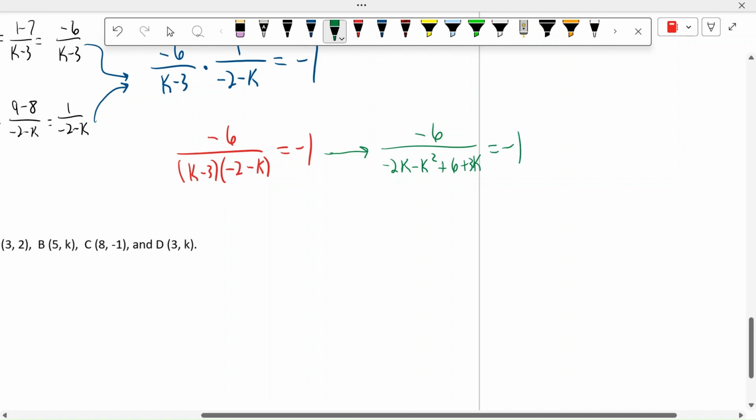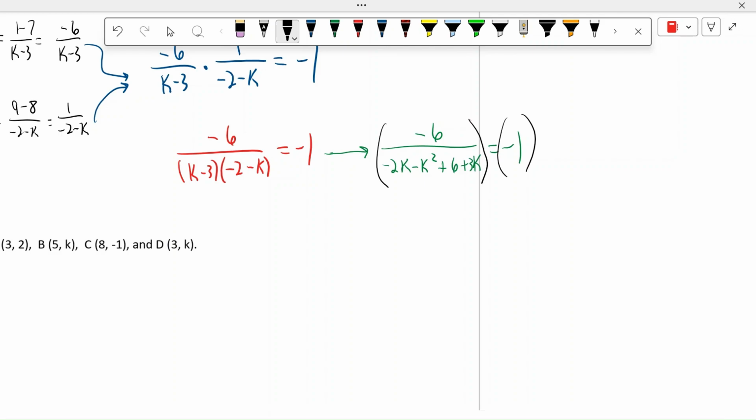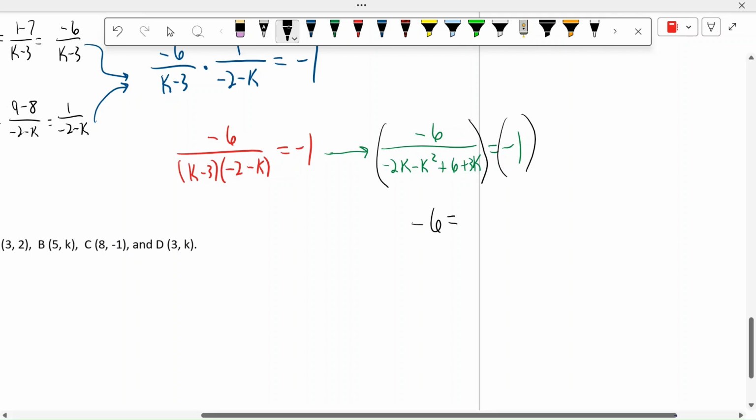And this problem is looking absolutely brutal to me because of the fractions. So to make it easier on myself, I'm going to take the left side and the right side and multiply them both by the same thing so that there's no longer a denominator. Specifically, if we multiply the left side by what this denominator is, it leaves us with only a negative 6. I multiply the other side by that, negative 1 is going to multiply all of those and give us this.